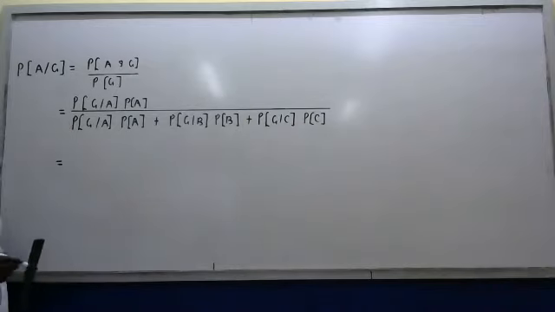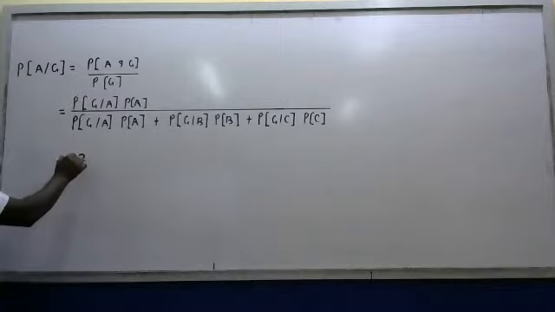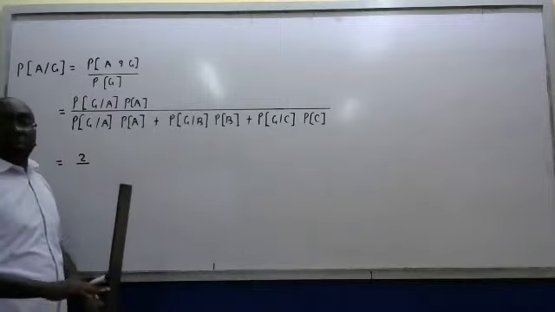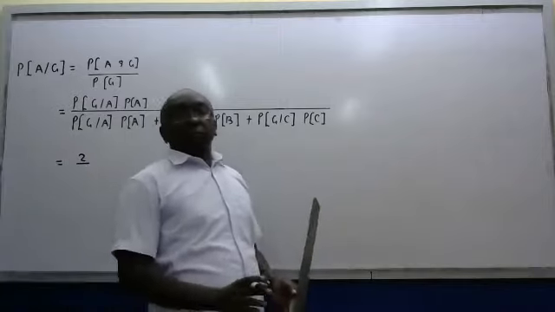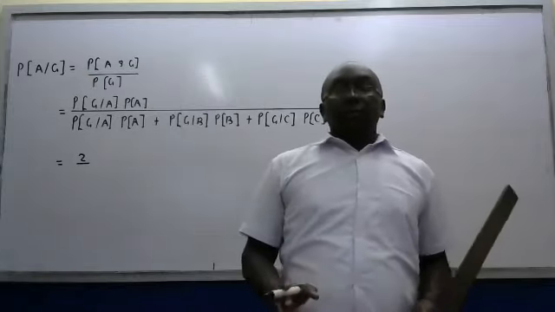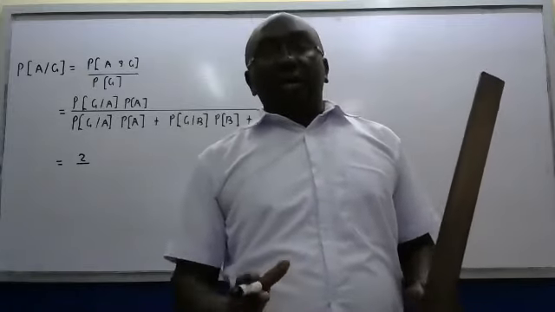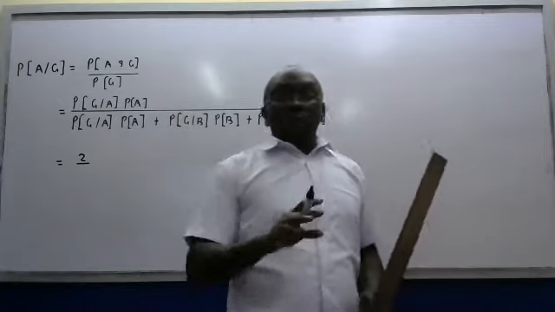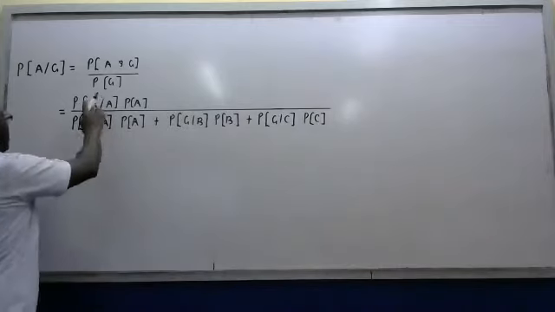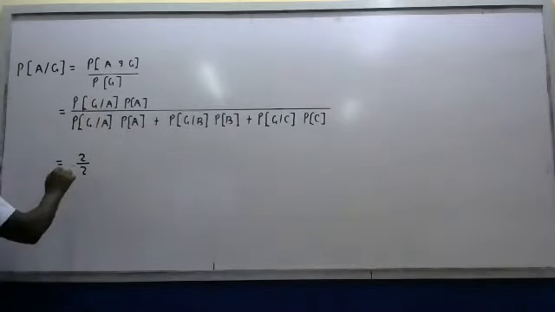Two. And bag A in total has how many coins? Two also. So the probability of getting a gold in A is 2 out of 2. Good.